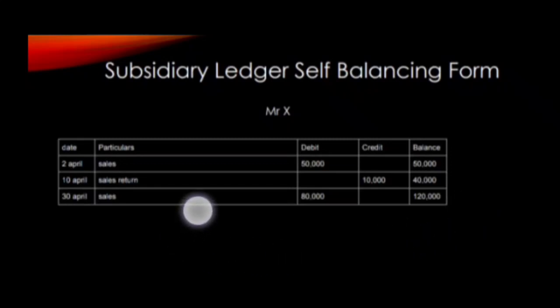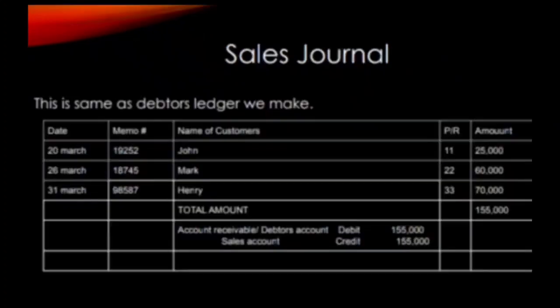Then again, a sale is made on 30th April for 80,000. Now this 40 plus 80 is 120. So the ledger is being balanced by each and every next transaction. This is the reason why it is called the self-balancing form.